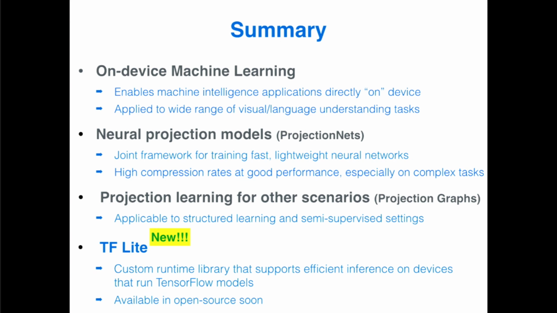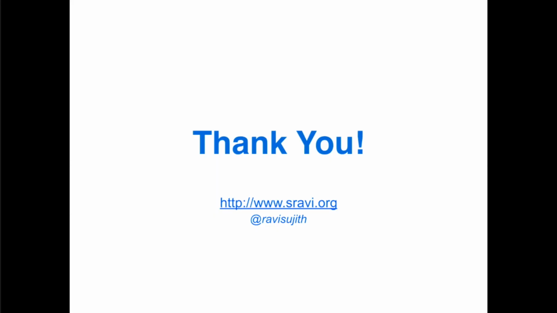We'll be releasing it soon in open source, so we're pretty excited about this. Stay tuned for information about that. If you have TensorFlow models, you should be able to run inference for your models out of the box. It'll also support hardware acceleration and other sweet things. So with that, thank you for your time, and I'm happy to take questions if you have time.